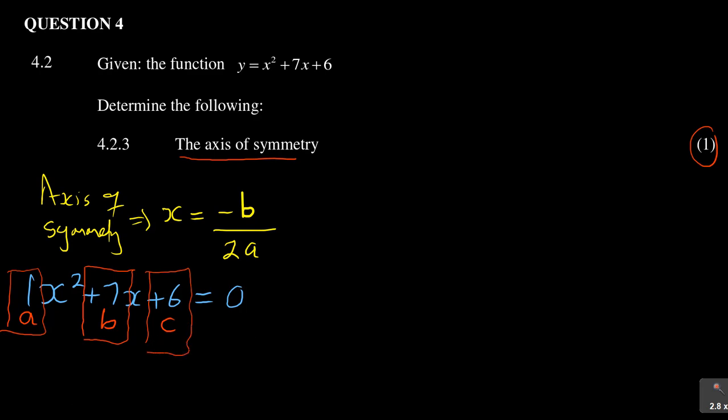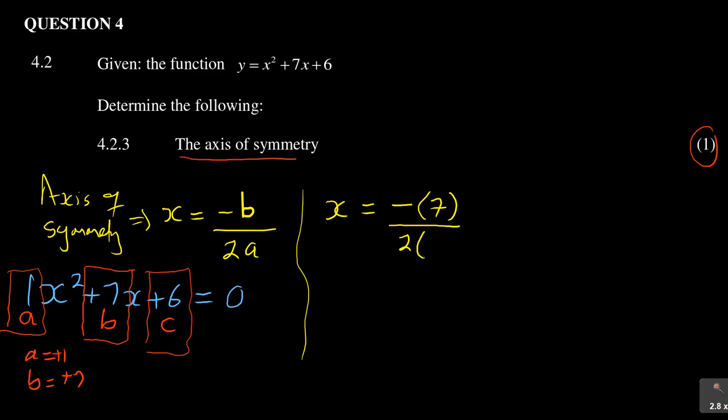In this scenario, x is equal to minus b, where b is 7, over 2a, and our a in this case is 1. If you use a calculator, it will give you x is equal to -7/2.